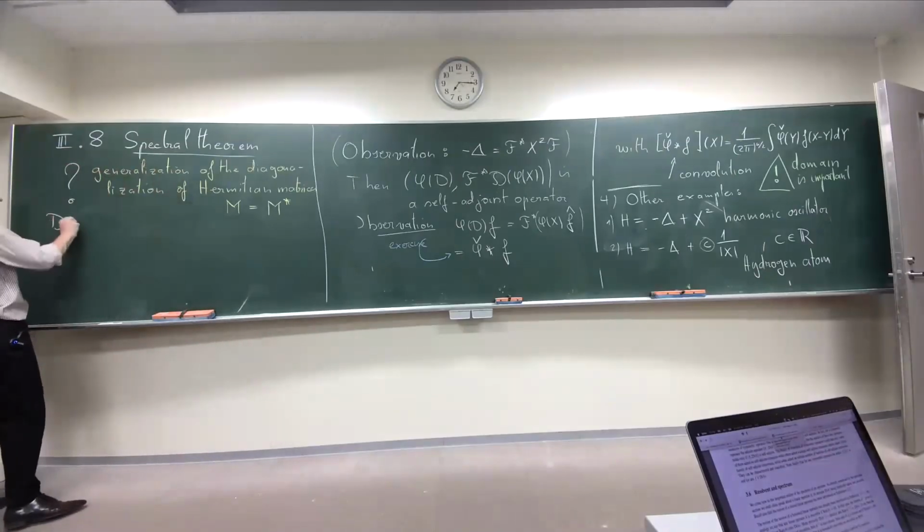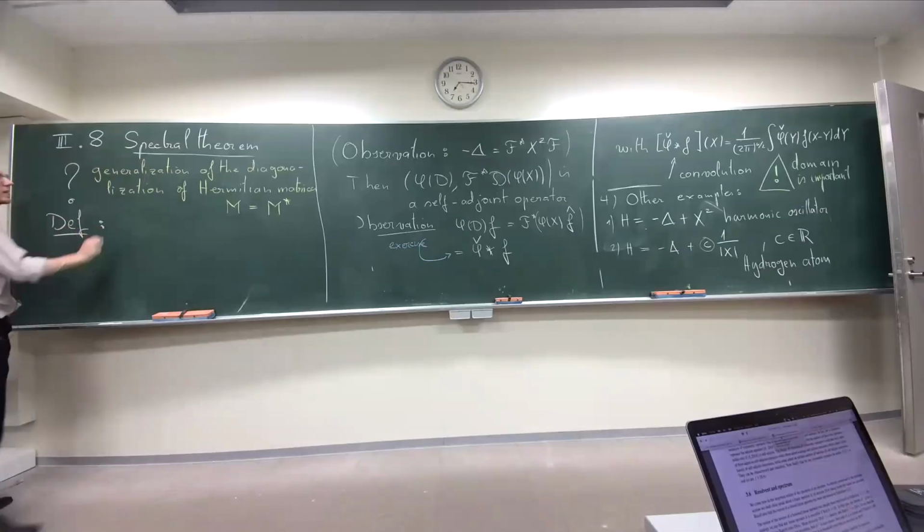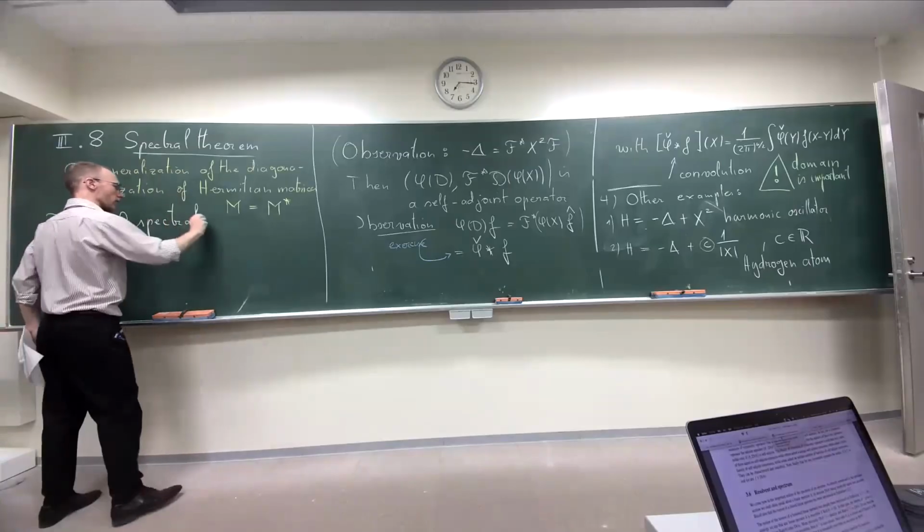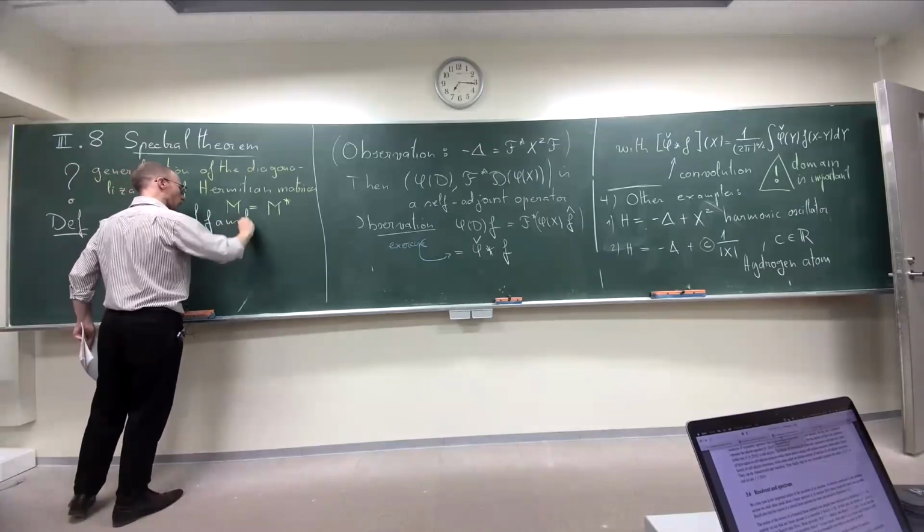I need one or two definitions before. Yeah, we should be able to finish. A spectral family. Probably this is new for most of you.